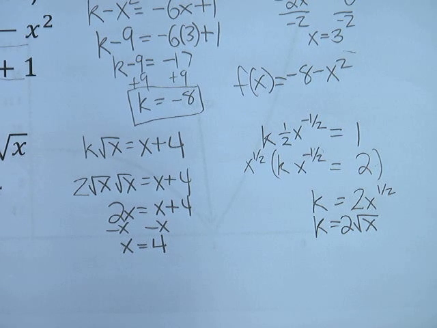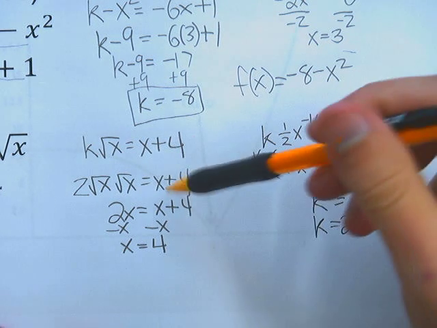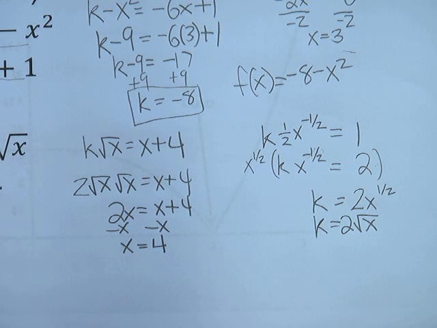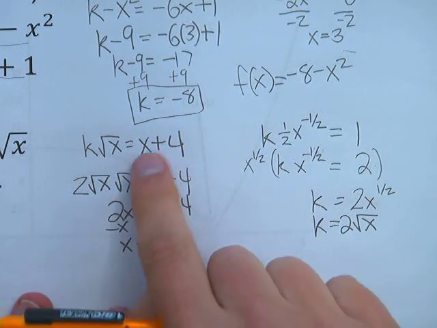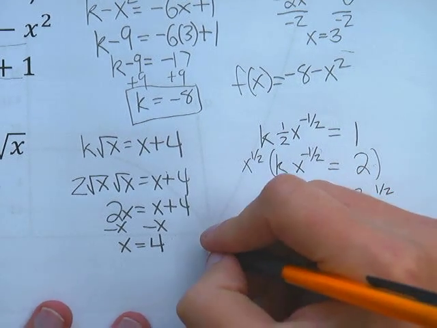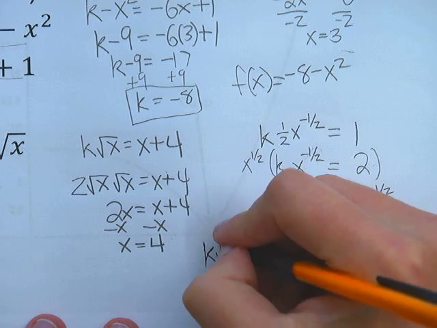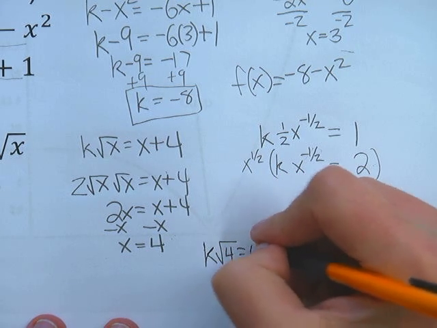So that's our x value at which our tangent line and our function meet. Now the other piece is actually figuring out the k value that we need. And so I have to now plug 4 into one of these equations. I'm going to choose this one because it's simpler. So k times the square root of 4 is equal to 4 plus 4.